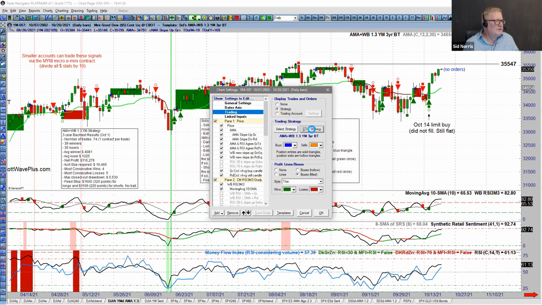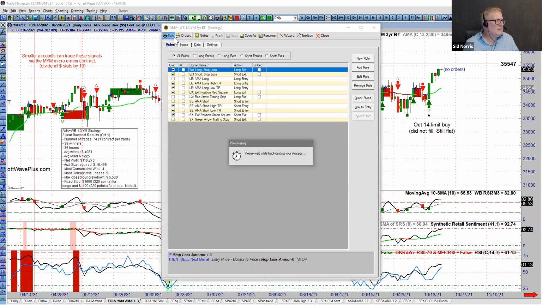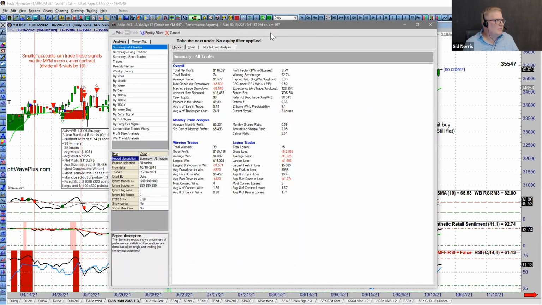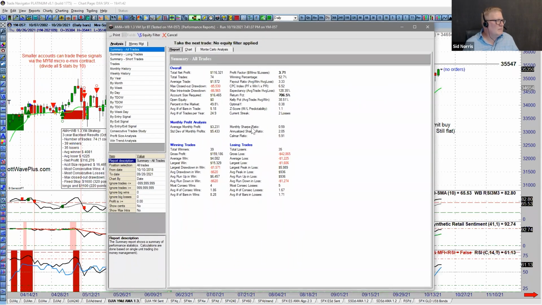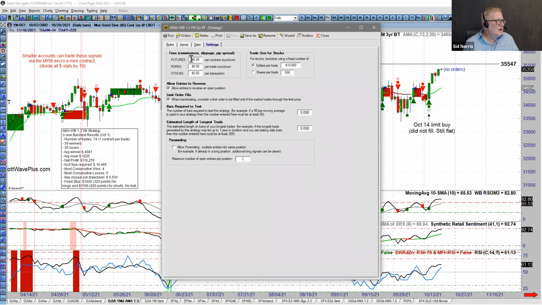And so when we do the back test, it comes up with the results. Now, very quickly, I want to show you the settings. I figured that it trades one futures contract at a time, and that there's a $6 commission round turn per contract, which is about right for most platforms, going to come pretty close.